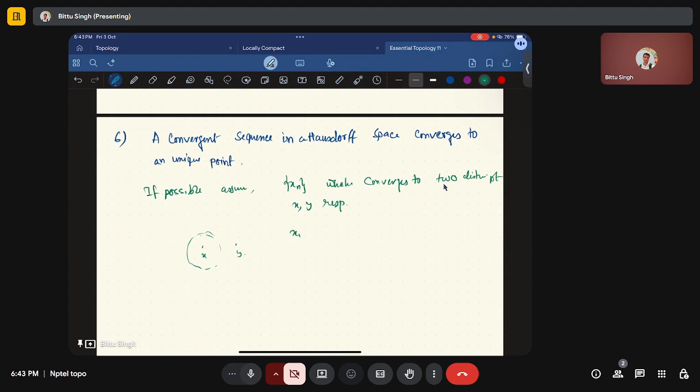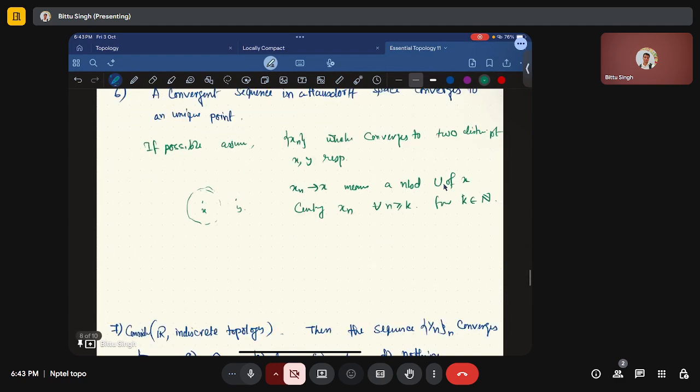So xn converges to x means a neighborhood U of x contains xn for all n greater or equal to k, for some k, right?